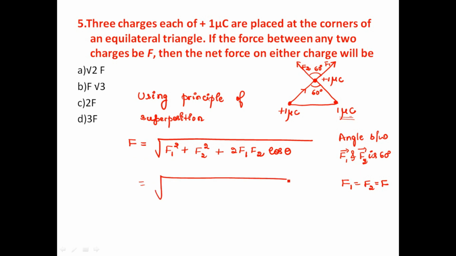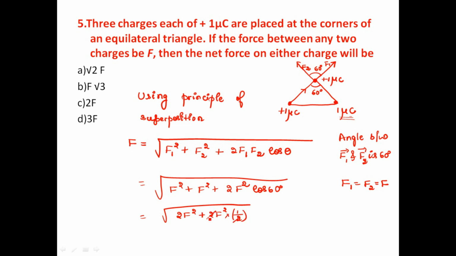Hence, we are going to write F square plus F square plus 2F into F as F square, once again cos 60 degree. What is cos 60? It is half, right? So I'll write root of 2F square plus 2F square into 1 by 2.